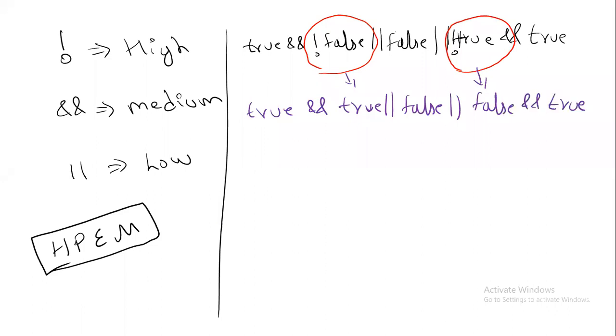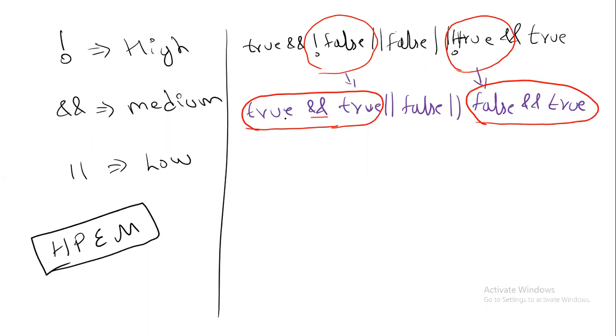Now next I have to evaluate the next highest priority. Which is the next highest priority now? And operator. So I would like to select all the and operators, and this operator has two operands, that two operands I have to group. What is true and true?